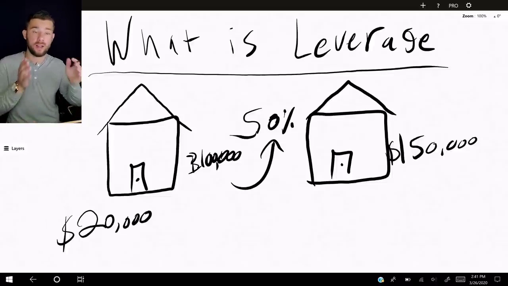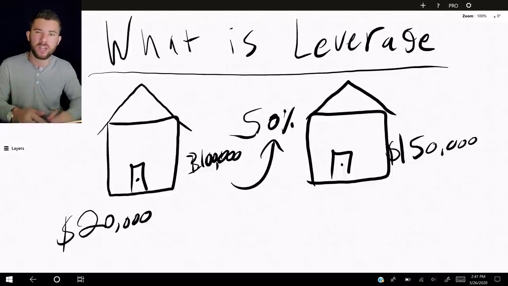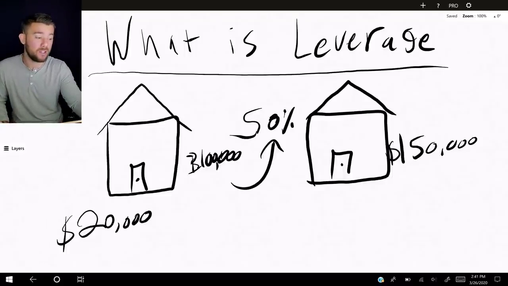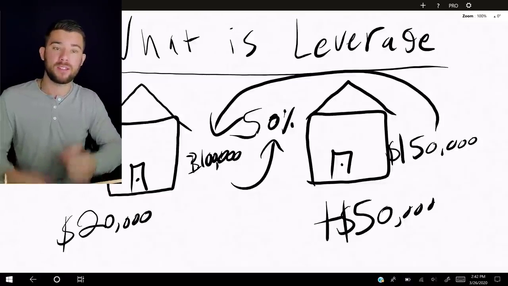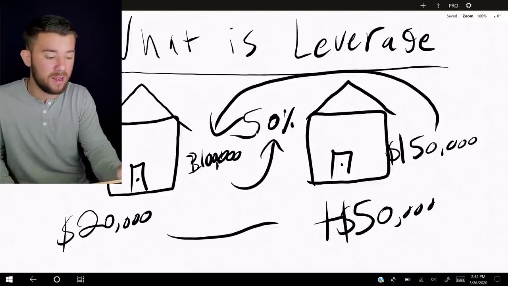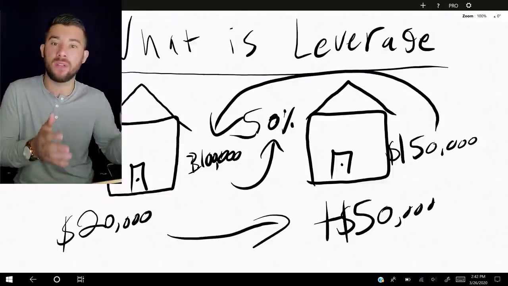Whenever you sell at that 12-month period, the bank says, okay, you've sold, you owe us 100K. In that case, you give them their 100K back, and you end up with a plus $50,000 profit. So in this case, you made more than your initial down payment. That is the power of leverage.